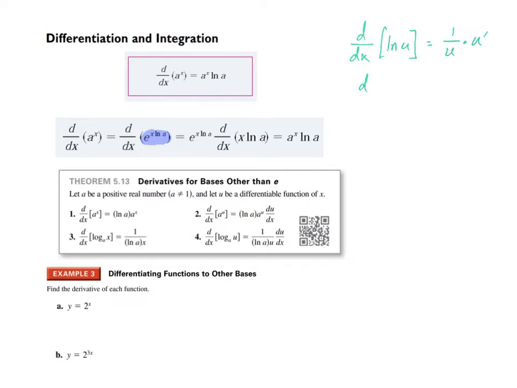We learned then that the integral of 1 over u is equal to the natural log of the absolute value of u plus c.